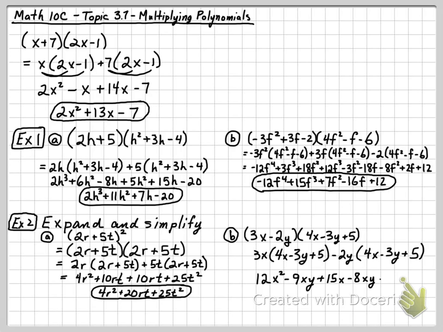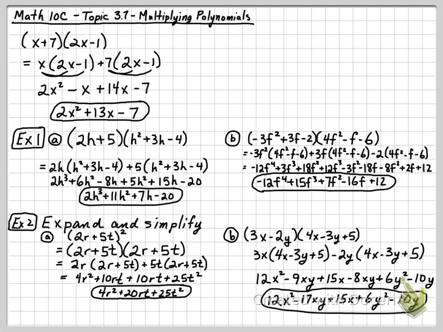And then it's going to become plus 6y squared minus 10y. And if you gather all the like terms up, starting with the x squareds, you're going to end up with 12x squared minus 17xy plus 15x plus 6y squared minus the 10y.